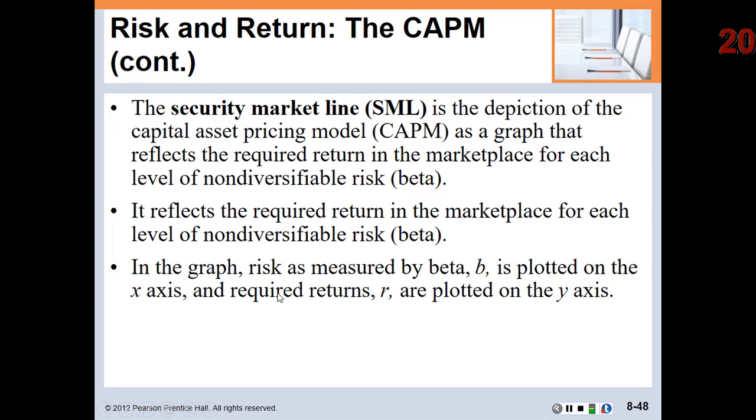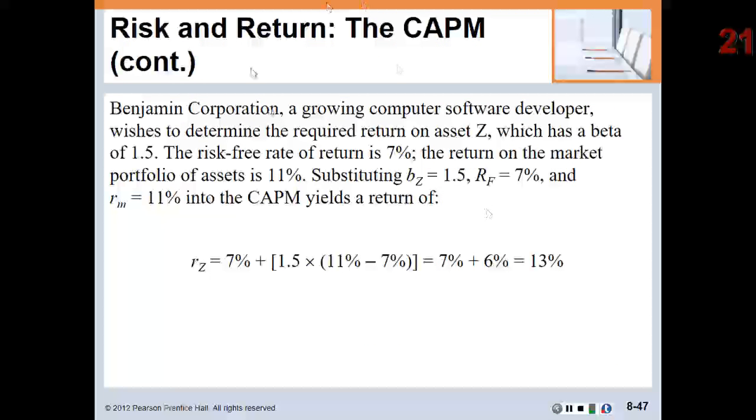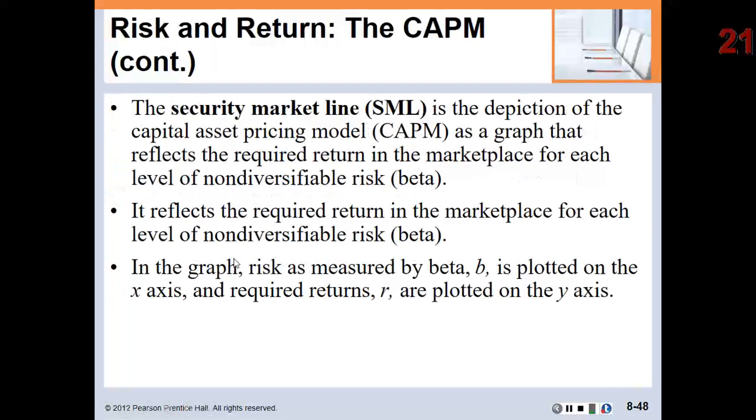Now again, I'm not going to ask you to graph a security market line. I just want you to understand what it represents, and also in a minute what happens when it moves or changes. So based on the information that we just looked at for the capital asset pricing model, we can draw a security market line. You'll notice these numbers match what we just looked at in this example, with the risk-free rate of 7.